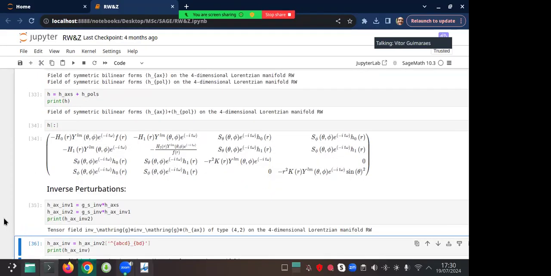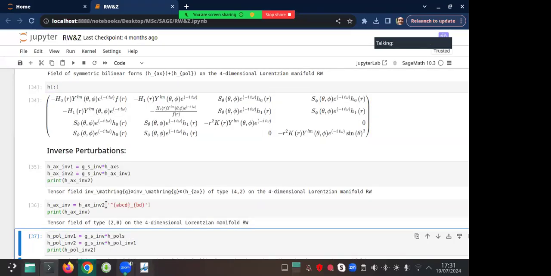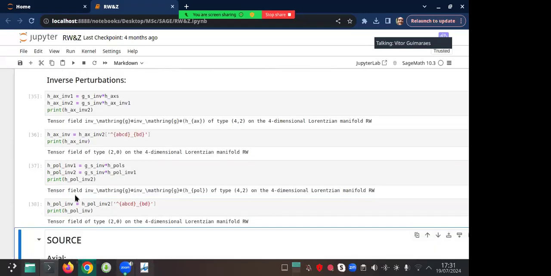To obtain the inverse perturbations, all you need to do is raise the indices, and you do this with the inverse background metric. We did construct this, it takes a little, and then we have the inverse perturbations.